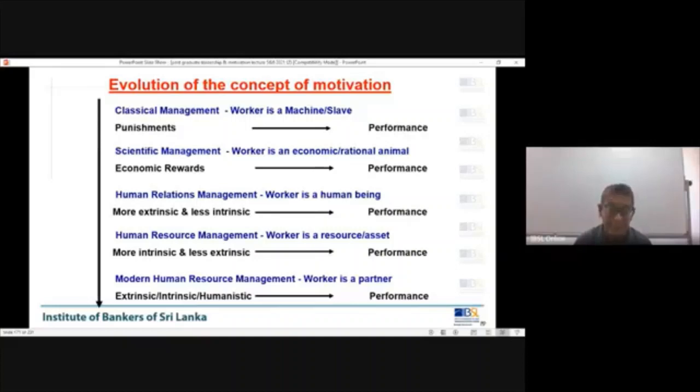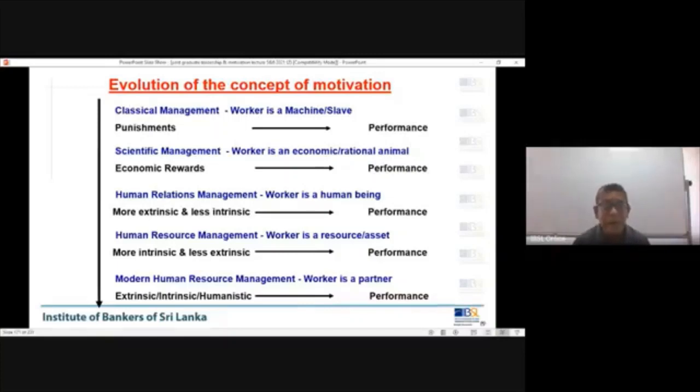We are going to discuss what is intrinsic a little later, but more intrinsic rather than physical things. Extrinsic is also important, but they concentrated more on intrinsic factors, recognition, and again improved the performance.